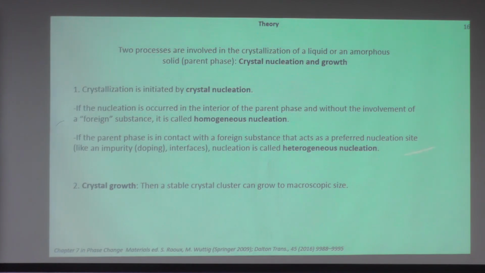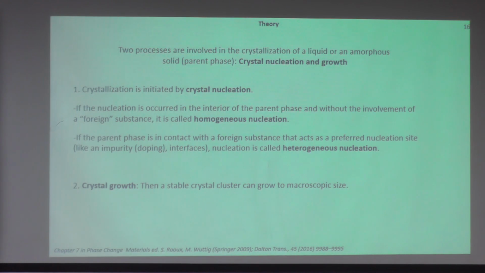In heterogeneous nucleation, the parent phase is in contact with a foreign substrate, and this substrate acts as a nucleation site, like we have seen before in the case of the epitaxial recrystallization of amorphous material. And then the second process in the crystallization is the crystal growth.